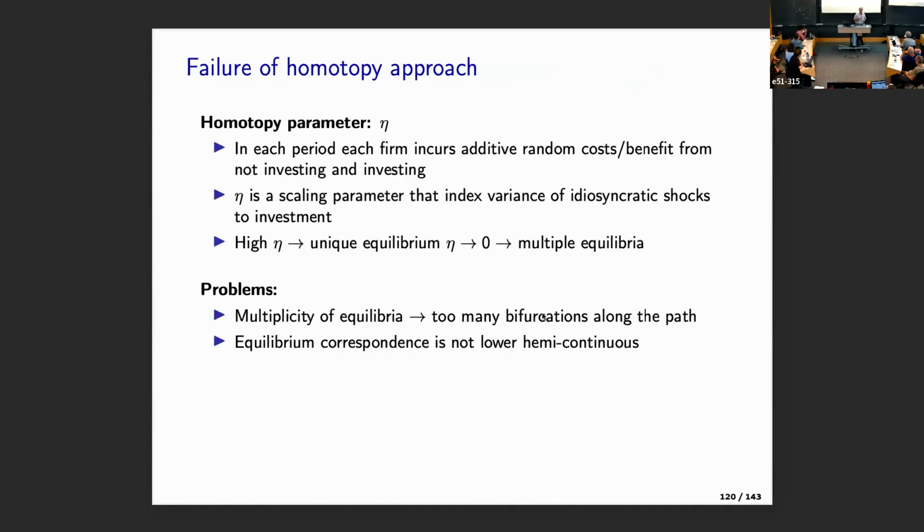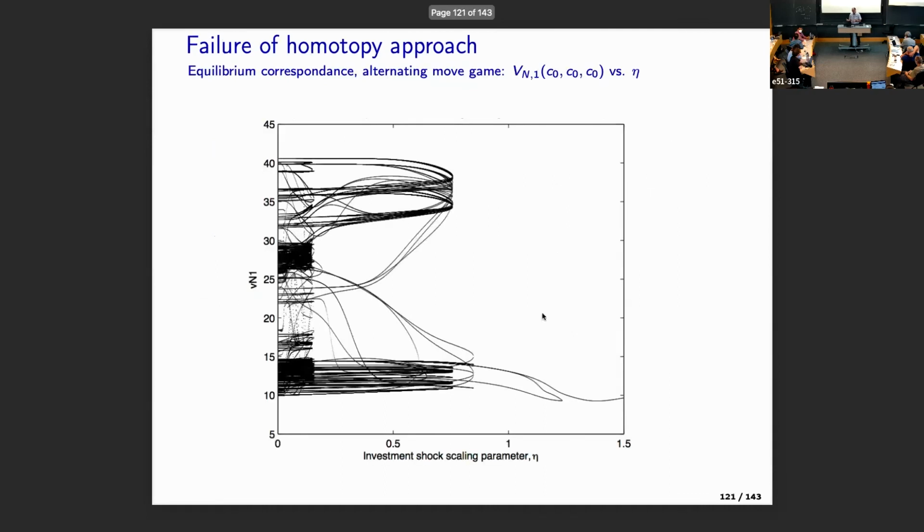Another thing that I want to note before we come back to estimation is that the full solution homotopy is a really promising method to attack the problems with multiple equilibria. And in our model, we actually have a wonderful parameter to do this homotopy along, and that's eta, the scale of the extreme value shock. If eta is large, like in these graphs around 1.5 or 1.4, then all the competitors are basically flipping a coin.